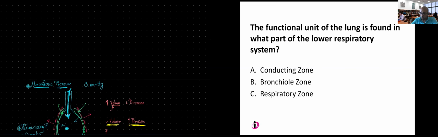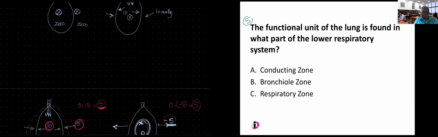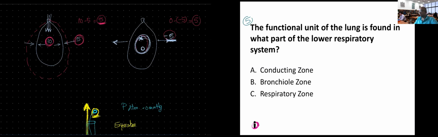All right, so for question number 5 for today's in-class activity, what do you think? The functional unit of the lung is found in what part of the lower respiratory system? Conducting zone, bronchial zone, respiratory zone.